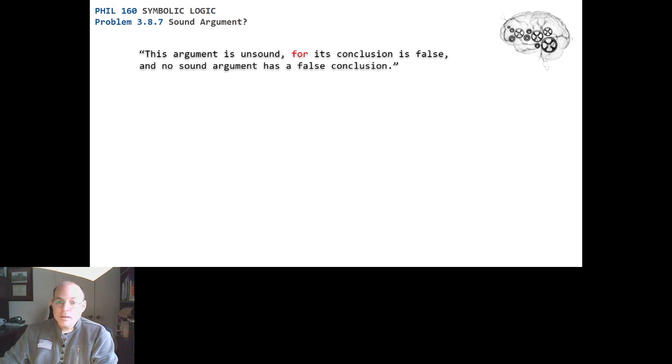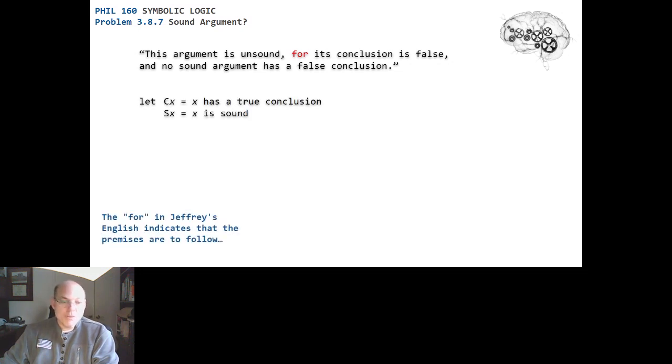3.8.7. In this problem, we're asked if the argument is sound. The quote is, "This argument is unsound, for its conclusion is false, and no sound argument has a false conclusion."